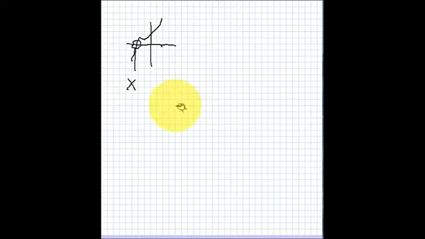So now I'm going to talk about zeros and intercepts. A zero of a function, so let's say you have a function like this, and it goes like that. The zero of a function is whenever y equals 0, which would in this case be right here. So if I asked you what is the zero of this function, your answer would be the x value at which it hits the 0 mark.